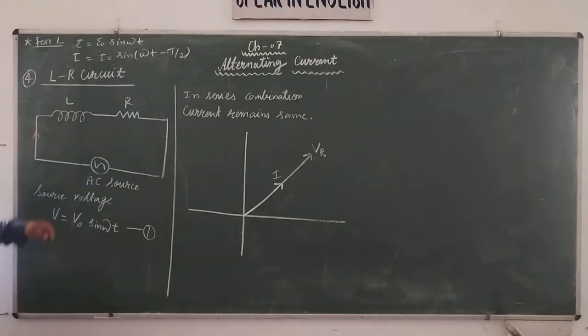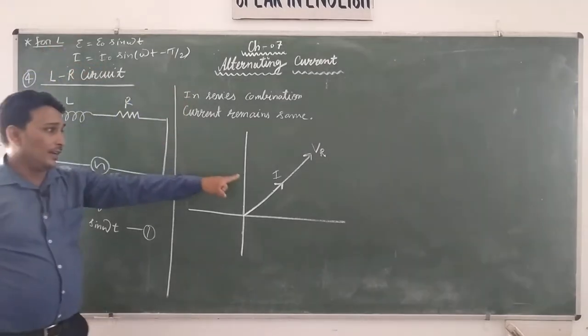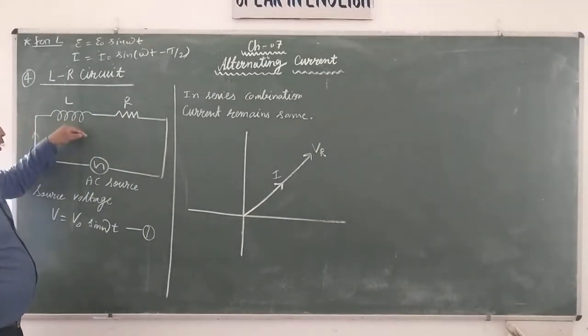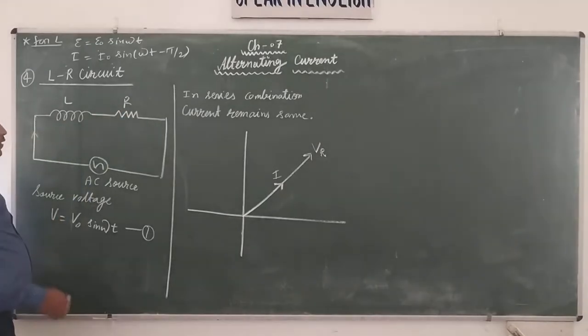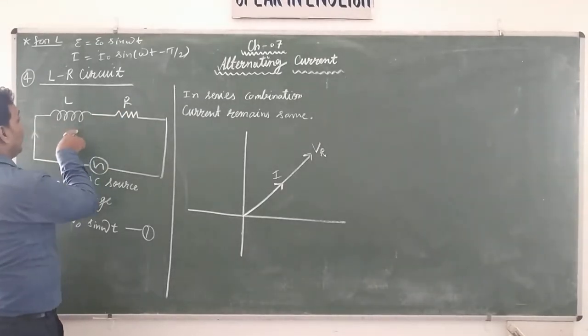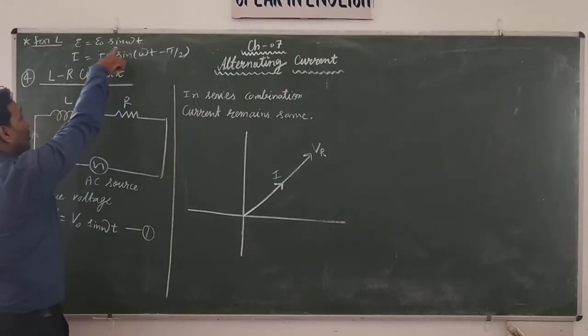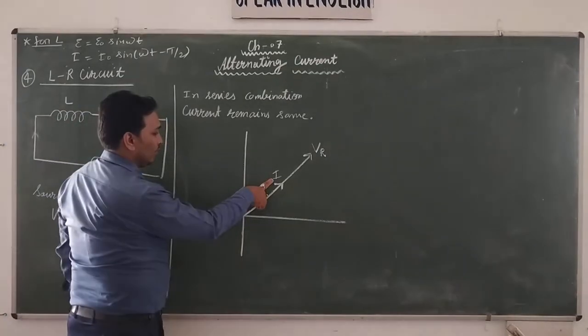Means in inductor EMF leads the current by an angle pi by 2. Current cannot be changed because they are in series combination. Whatever current is flowing through L, the same current is flowing through R also. But in case of inductor, the current lags the voltage by an angle pi by 2. So this current passes through the inductor also, right?